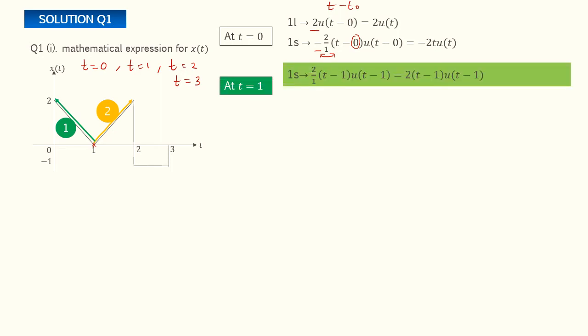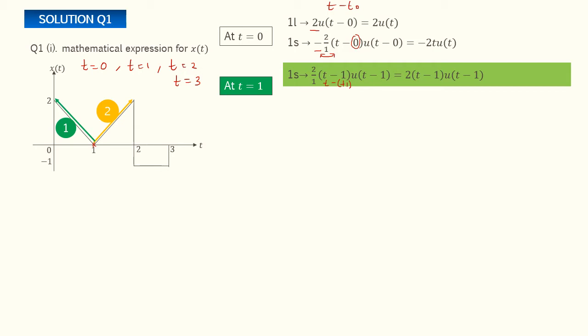The first slope, the green slope, is pointing upward, so it's positive. The gradient is 2 over 1, and (t minus t naught), where the line begins. The t naught in this case is positive 1, so it's (t minus 1) u(t minus 1). So the equation for the first slope is 2(t minus 1) u(t minus 1).